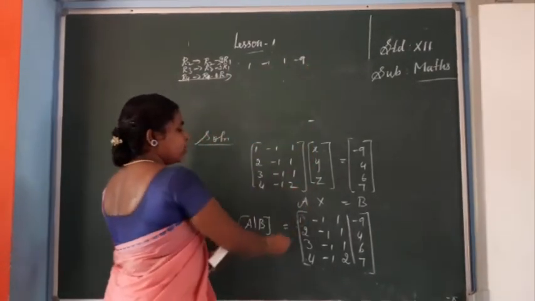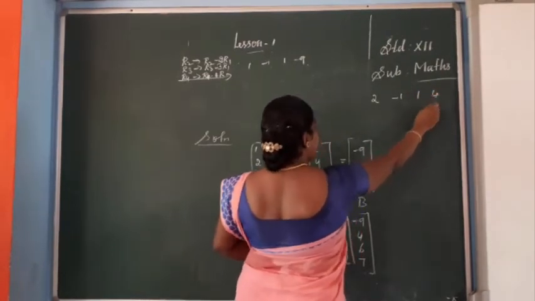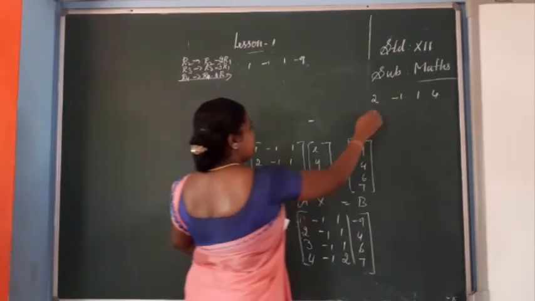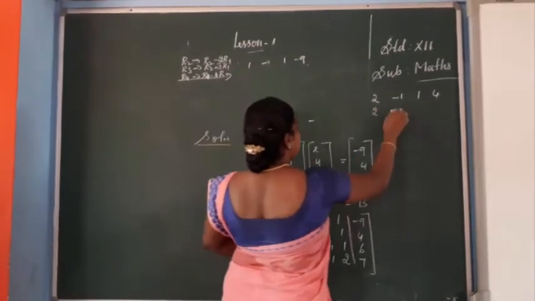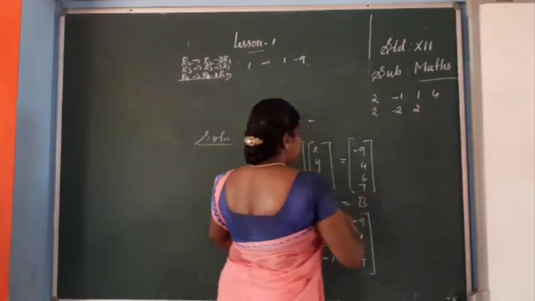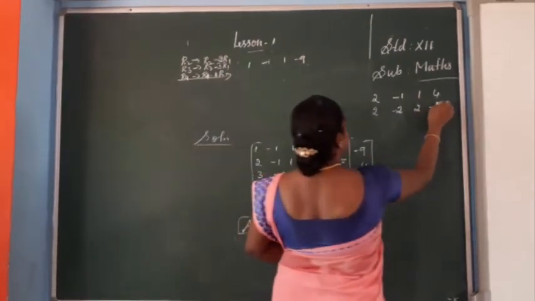In the second row, 2 minus 1 1 4 are the elements. So multiply R1 by 2: 1 into 2 is 2, minus 1 into 2 is minus 2, again 1 into 2 is 2, and minus 9 into 2, 9 twos are 18, so minus 18.